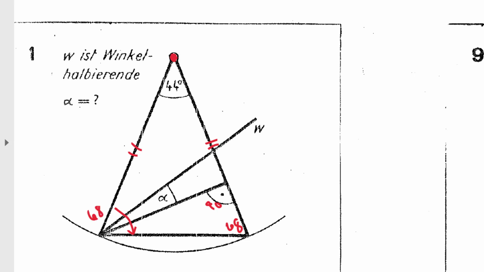And I know that this is an angle bisector. So I know this has to be 34. If this is 90 and 68, I know that this bottom angle here is 22. Subtract 22 from 34, and I get 12 for my answer.